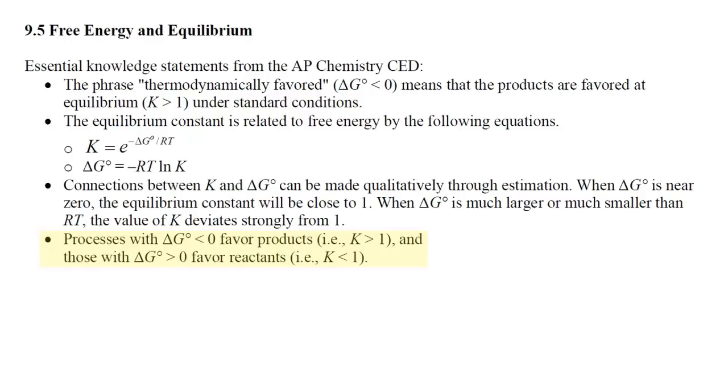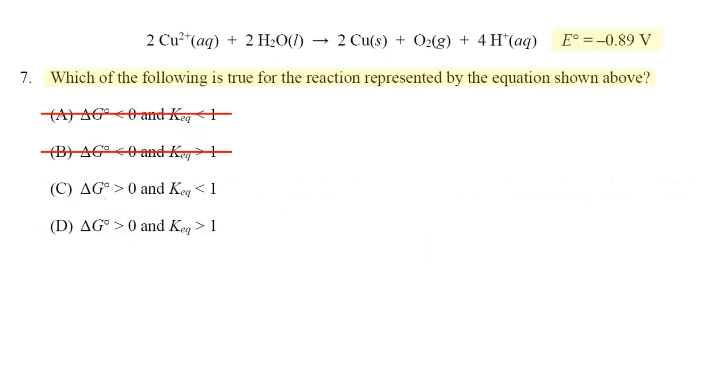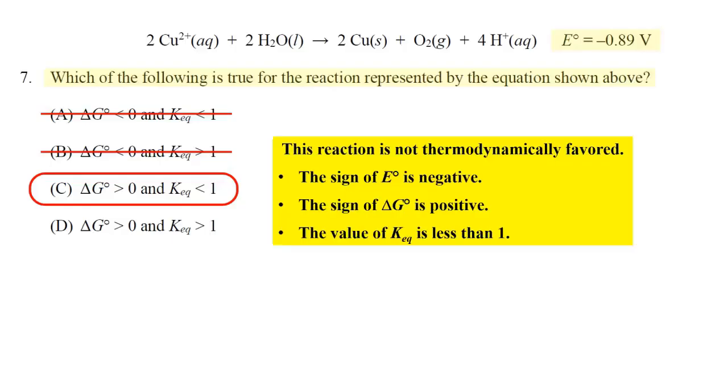So since K is less than 1 when delta G is positive, that means that the correct answer to question 7 is choice C. So we have a reaction that is not thermodynamically favored. The sign of the cell potential is negative. The sign of delta G is positive, and the value of the equilibrium constant is less than 1.